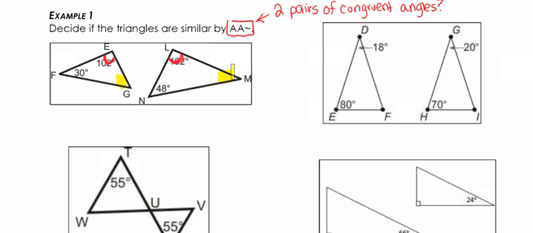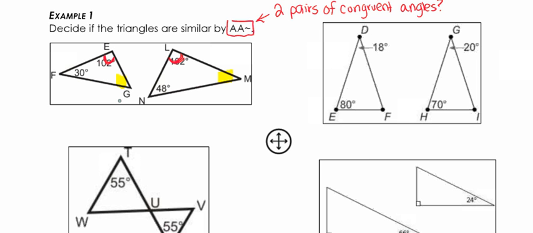In order to find those, I'm going to remember that in a triangle, all three of the angles have to total 180 degrees. So now I'm going to get my calculator out, and you should too. In the first triangle, I'm going to do 180, subtract 102, subtract 30. Or I could add the 30 and the 102 together and then subtract that sum from 180.